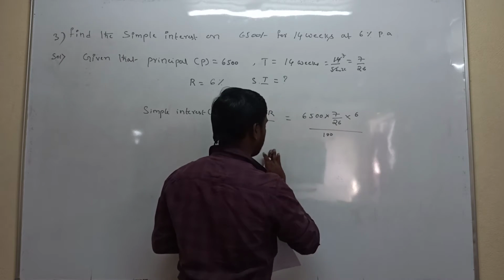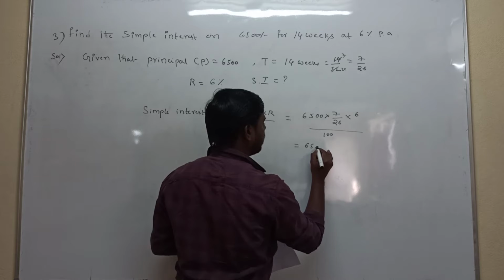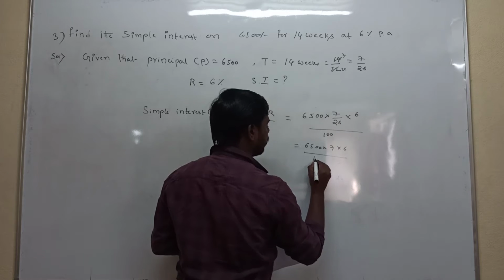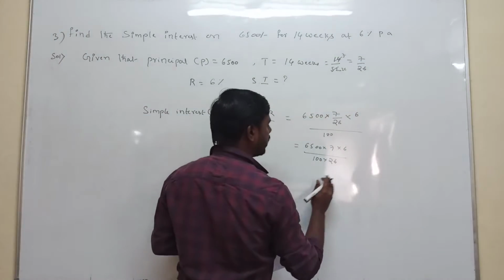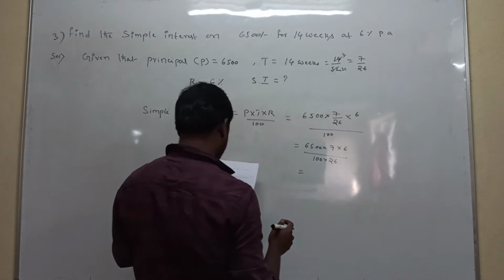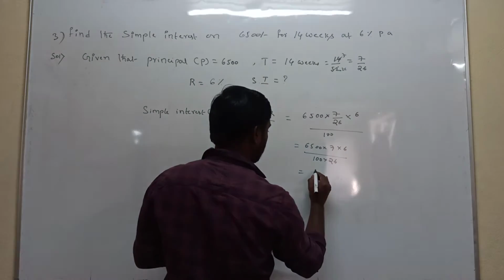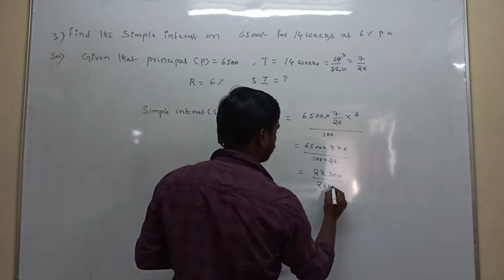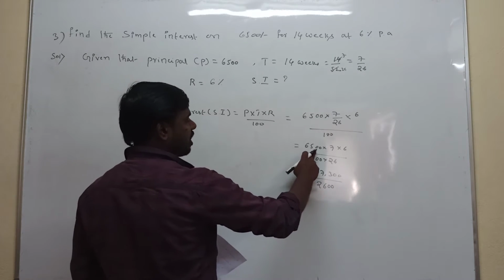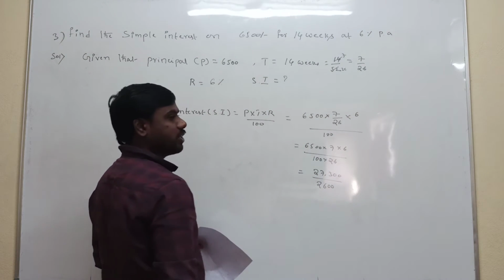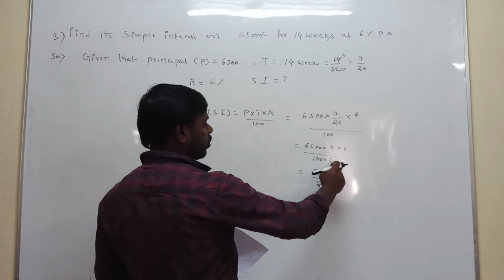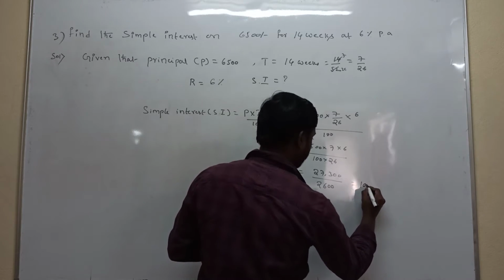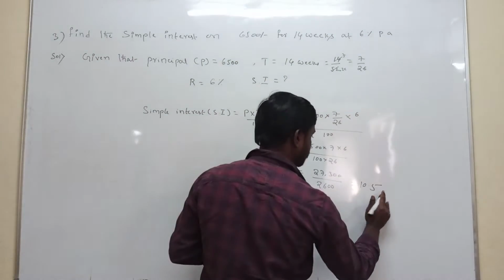Now the product of the numerator values: 6,500 into 7 into 6 divided by 100 into 26. 6,500 into 7 into 6 gives 27,300, and 100 into 26 is 2,600. 27,300 divided by 2,600, so this value is 10.5 rupees.